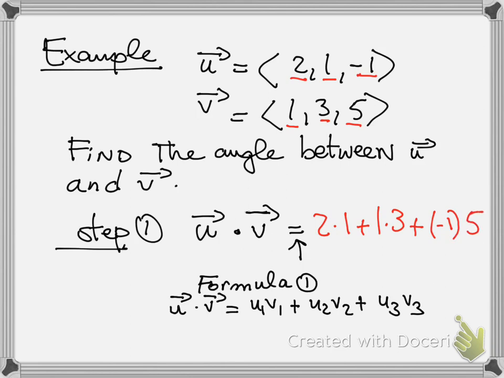So 2 plus 3 is 5, minus 5 is 0. So u dot v is equal to 0.